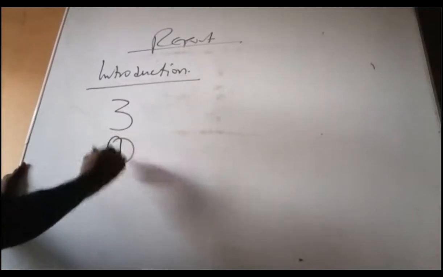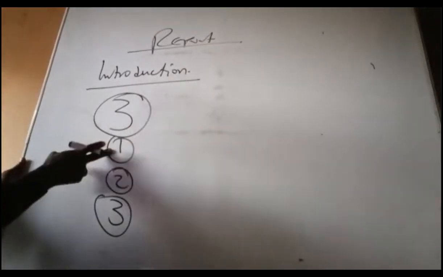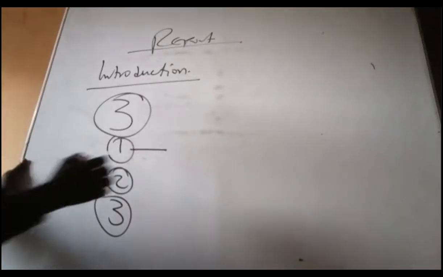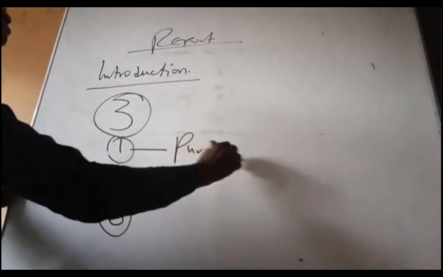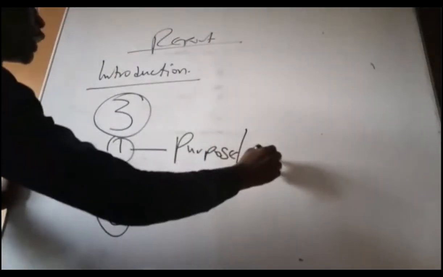Sentence number 1, sentence number 2, sentence number 3. It must be just 3. First sentence, tell us the purpose or the reason for your report. In fact, the reader is aware of why you're writing the report.